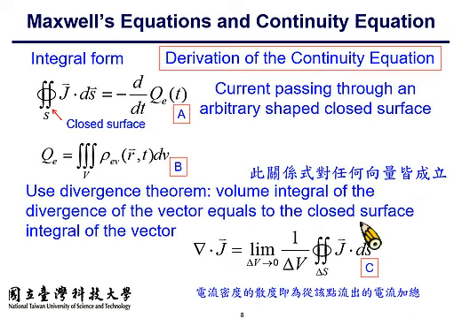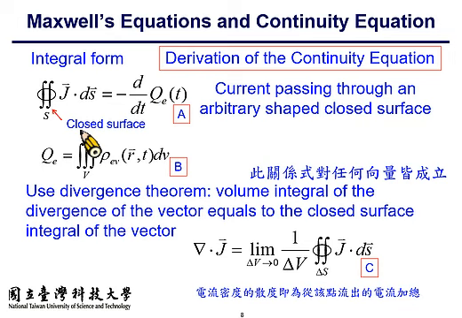Okay, then we have the relationship of total current I. If we are looking at a closed space, a closed volume, then the total current flowing in and flowing out.